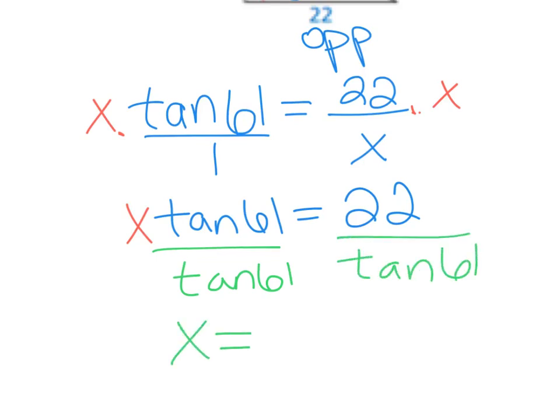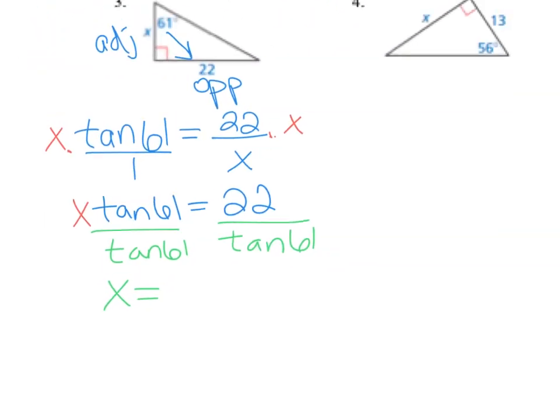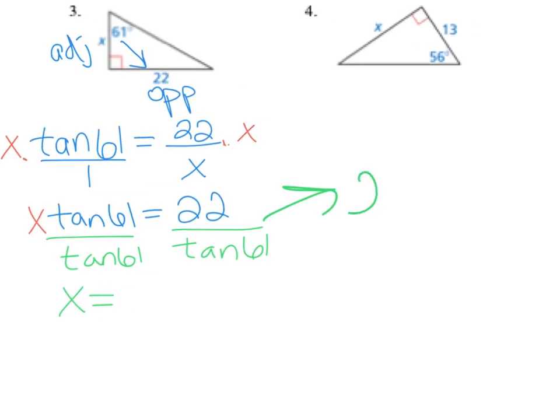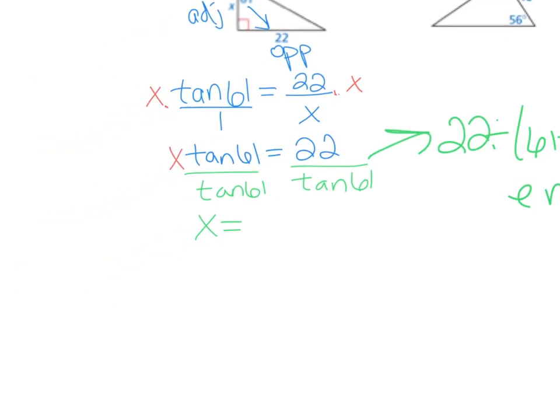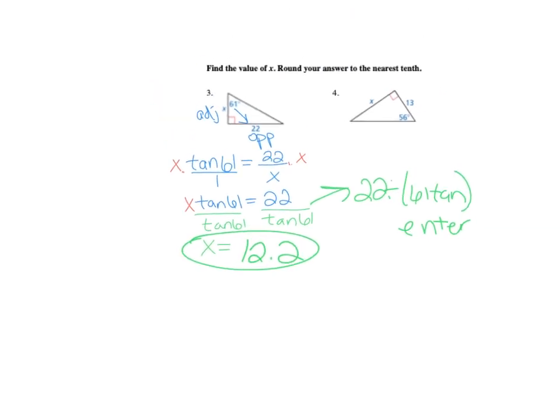And I get that x equals, again, in our calculator over here, we're going to put 22 divided by, and then in parentheses, 61 tan, and hit enter. If you did it correctly, you should get that x is equal to 12.2.